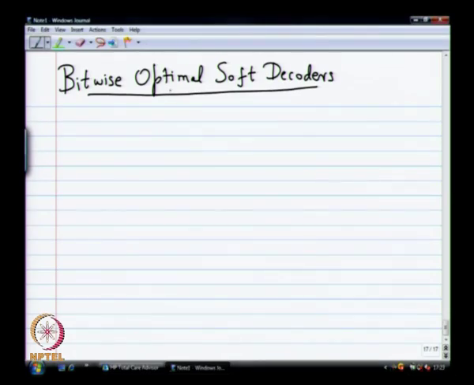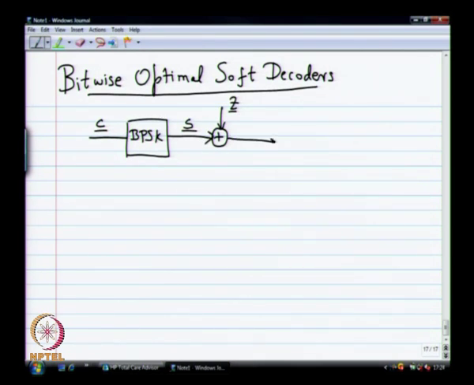So remember my picture again, I have a code word C which goes through BPSK, became S, to which noise gets added, then you get R. I want to have a decoder which outputs some U. Let us not say U, U is a bit misleading.